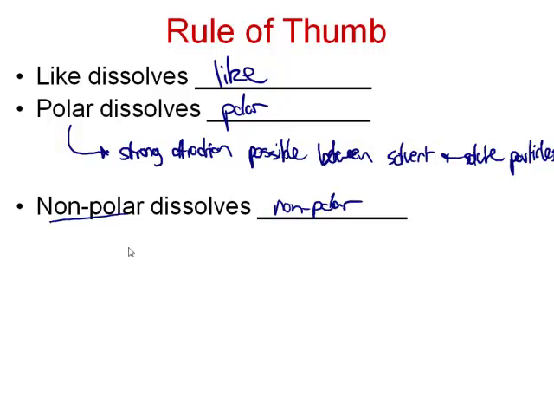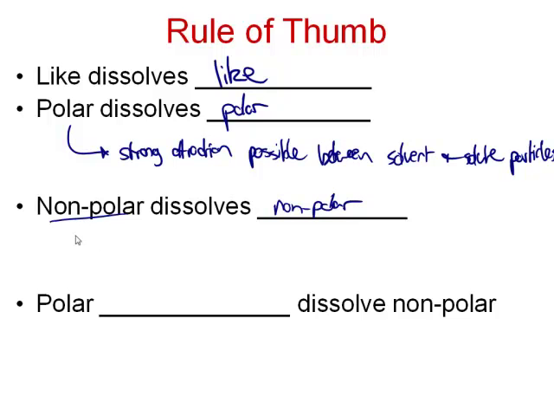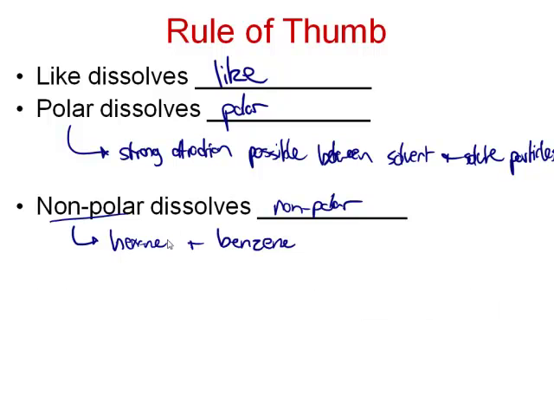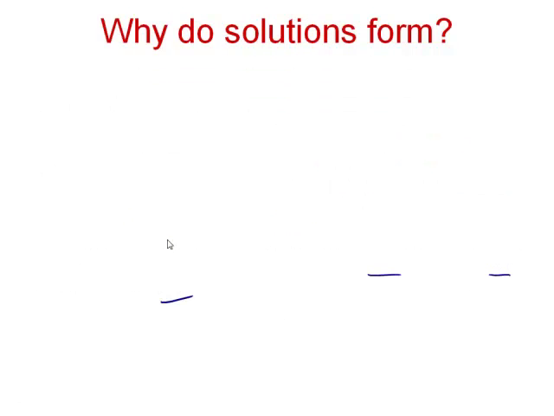An example of this would be something like, let's think here, how about hexane, and we dissolve benzene in it. These are both nonpolar substances. These will dissolve in each other. Now, again, this goes back to the whole idea of the delta H for the solution formation. Let's just go back to the diagram here really fast.